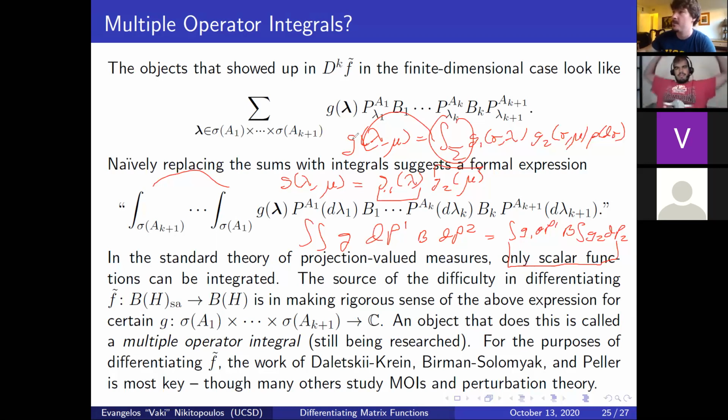But for any G, if I just gave you a random G, can you approximate it with these, so that the sense that you make of this operator integral can be extended?